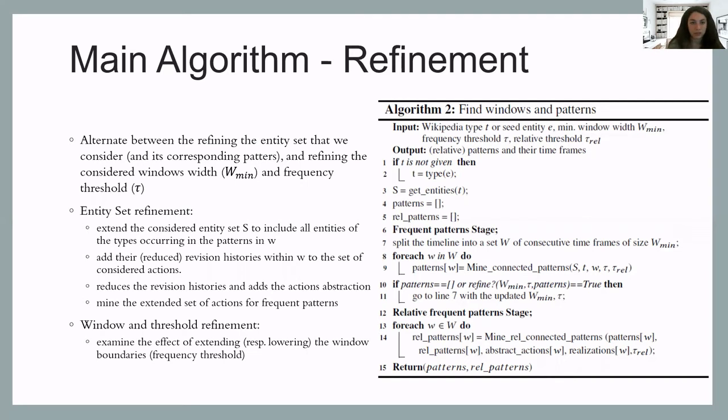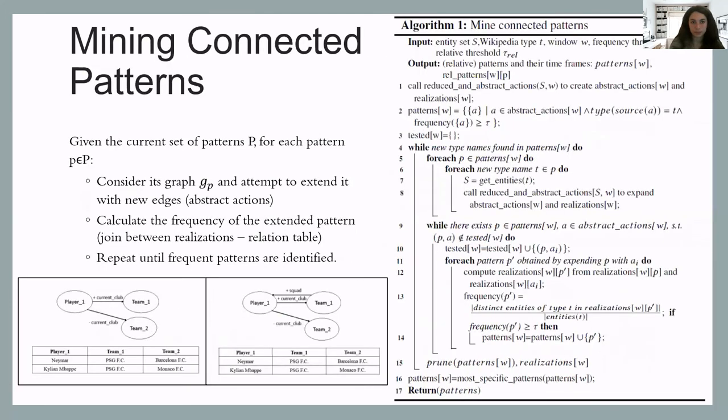We add the revision history that happened within that window, and we now consider them by mining the extended set of actions for frequent patterns. In addition to that, we examine the effect of extending our window's boundaries and lowering our frequency threshold.